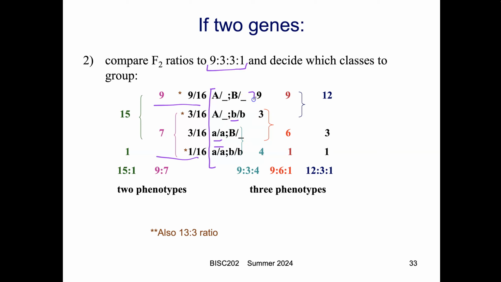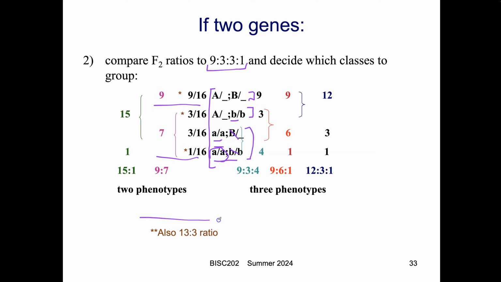Or a 9 to 3 to 4, in our case with the flower color, you can explain how if you're mutant for this gene, it acts before this gene's product does. And so if you're homozygous mutant for this, it doesn't matter what genotype you have here, because the whole pathway stops at this point. And you can do the same for all of these. Just see how they're grouped in a way that makes sense, and then figure out how that works.